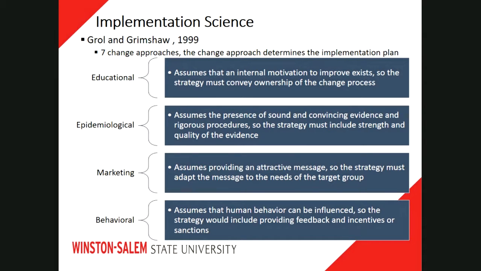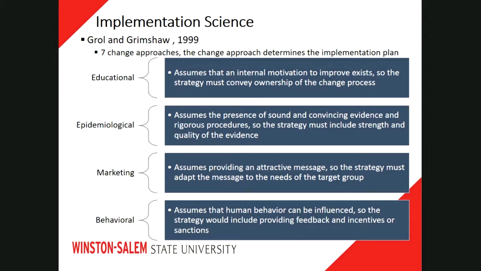And so the strategy must convey ownership of the change process. And in this type of environment, you'll see much more committee type decisions, more voting type decisions or whatnot. And so it speaks to the various approaches and the strategies that are associated with those approaches.